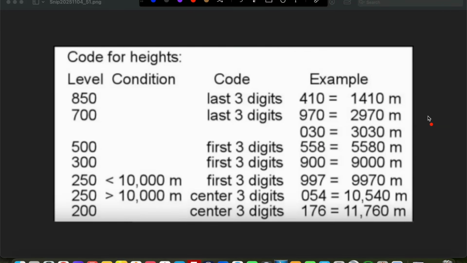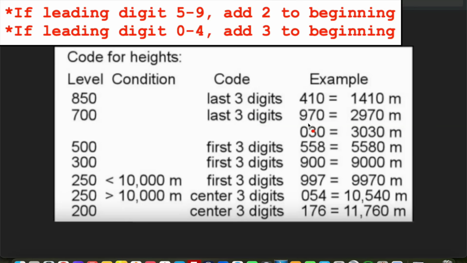The same is true for the 700 millibar level. The last 3 digits are written in the station plot, but there's a difference based on the first digit that you see listed. Just like how surface pressure is coded on a surface station plot, if the leading digit is from 5 to 9, the leading 2 has been dropped, and if the first digit is between 0 and 4, the leading 3 has been dropped.